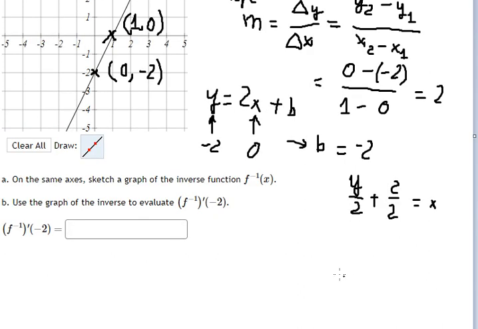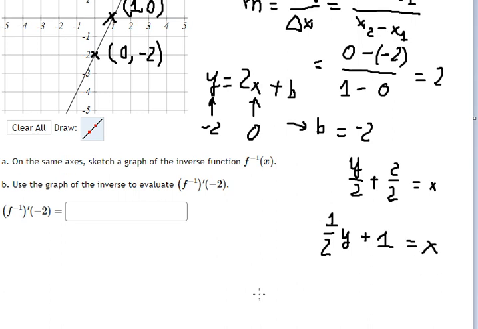So this one we simplify. We have 1 over 2 y plus 1. And this one, we have the inverse function in here, that is 1 over 2 x plus 1.